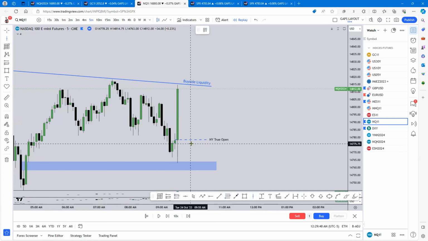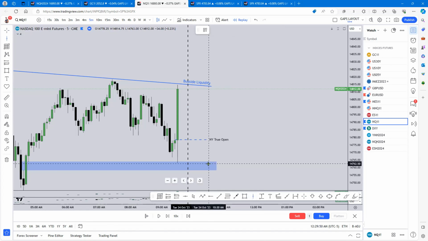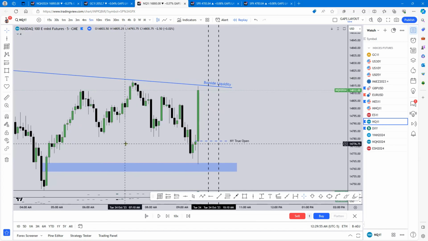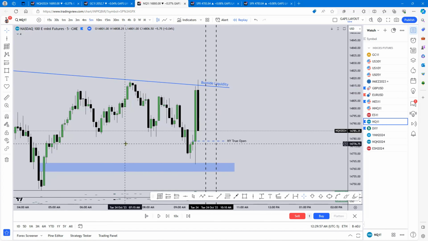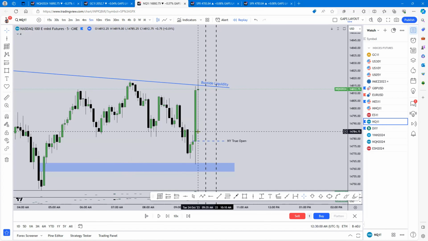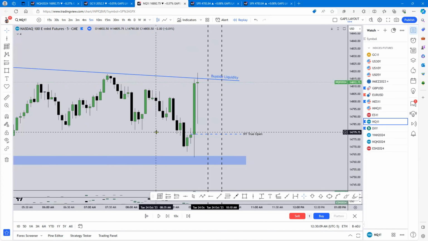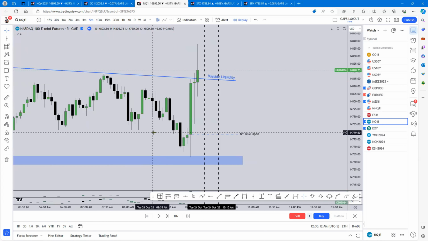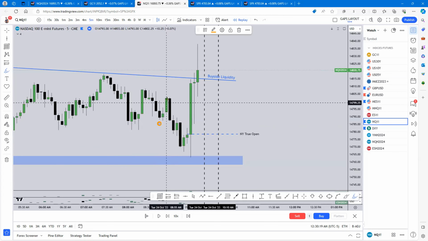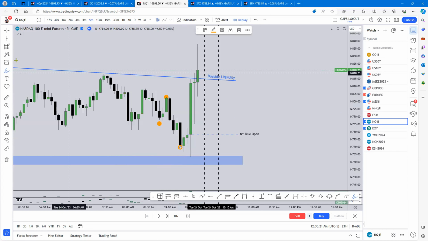So let's mark off 950 to 1010. Okay, so we get a pullback. So more than likely there's something in here we could have got into on the 1-minute, right? So again, we have this swing low, high, lower low.